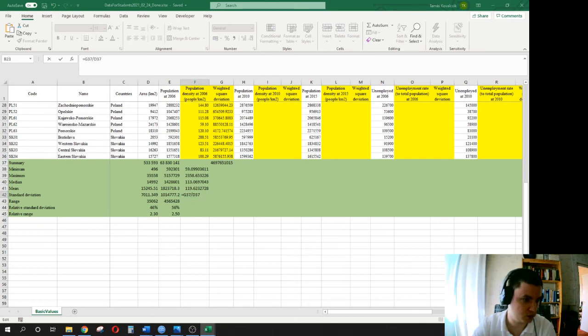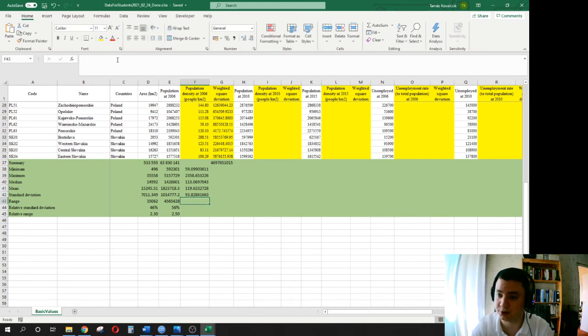The sqrt function is the square root. So here we are. This is the right standard deviation for the population density.